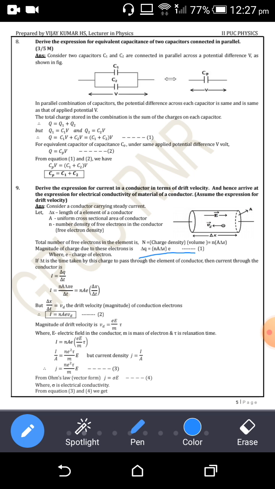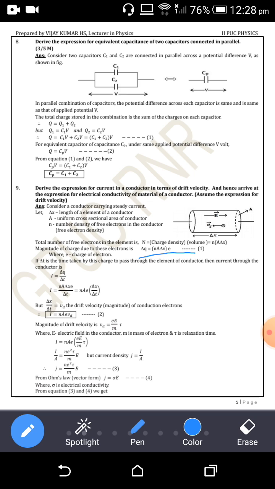That can be written as I by A is equal to ne square tau divided by m into E. As you know, current density is nothing but I by A. So we replace I by A on the LHS with J. So J is equal to ne square tau divided by m into E, which is equation 3.